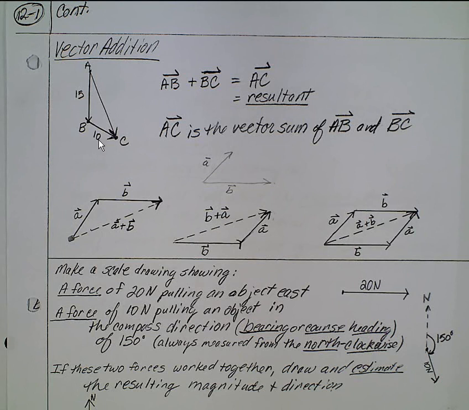The resulting vector will be AC, starting at the same spot as AB and ending at the same spot as BC. You're not adding like 15 plus 10. The resultant is like if you were driving a ship this way and the wind was blowing you this way, this would be the resulting path you would have to take. So this is called the resultant. AC is the vector sum of vector AB and BC.